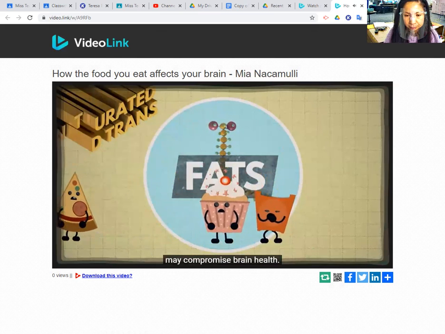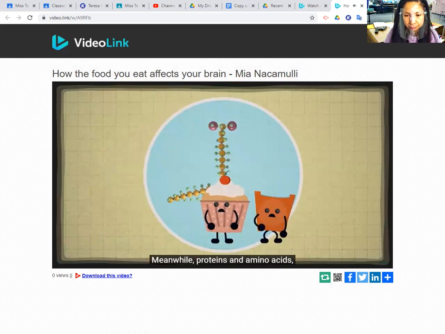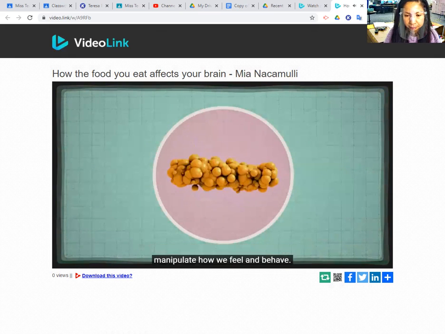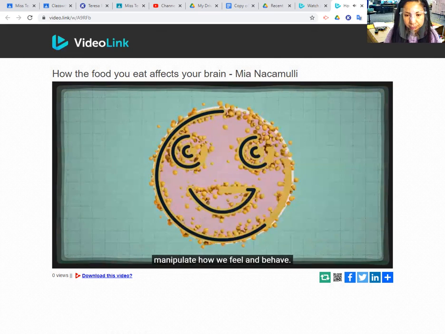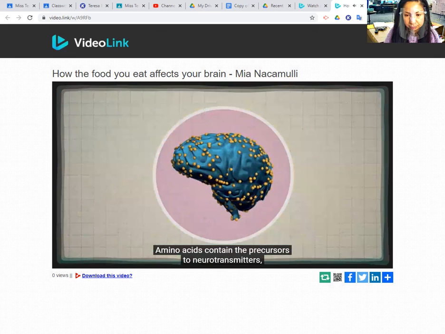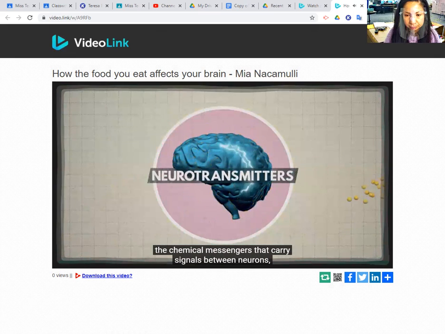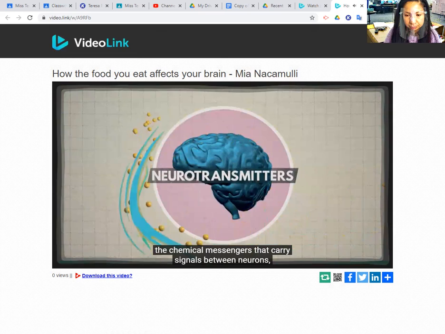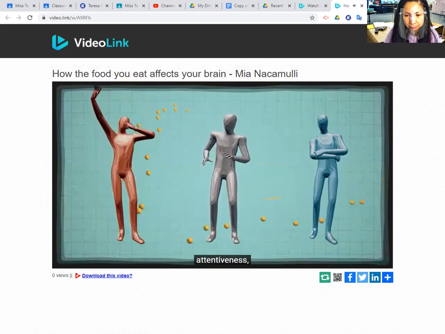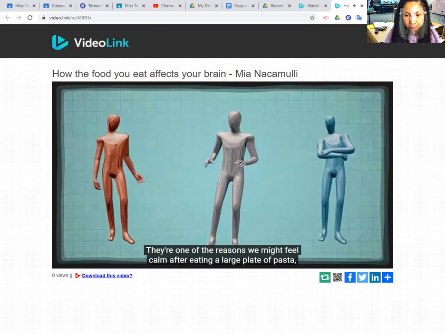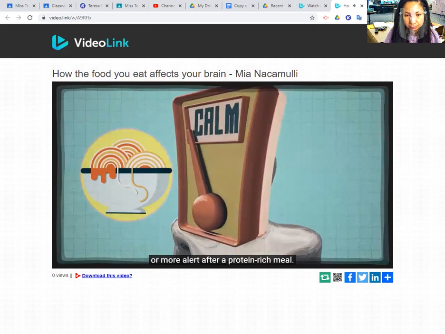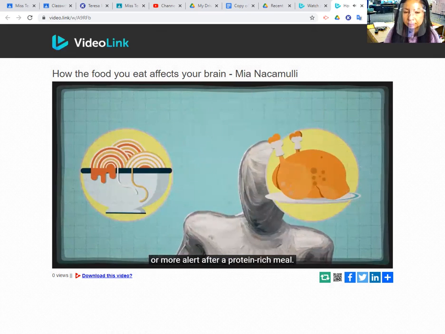compromise brain health. Meanwhile, proteins and amino acids, the building block nutrients of growth and development, manipulate how we feel and behave. Amino acids contain the precursors to neurotransmitters, the chemical messengers that carry signals between neurons, affecting things like mood, sleep, attentiveness, and weight. They're one of the reasons we might feel calm after eating a large plate of pasta, or more alert after a protein-rich meal.